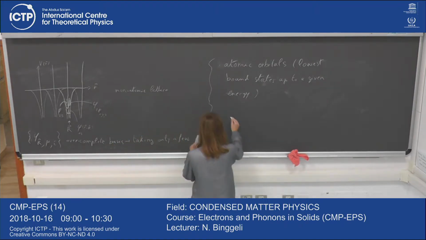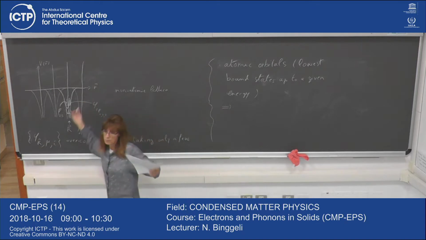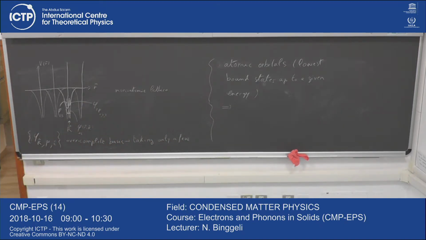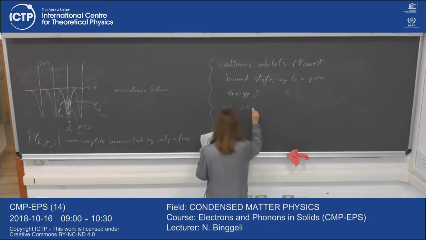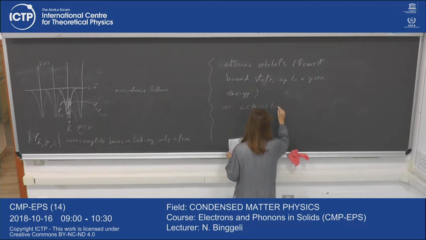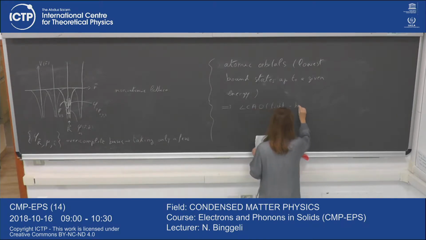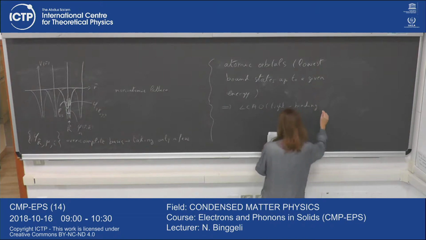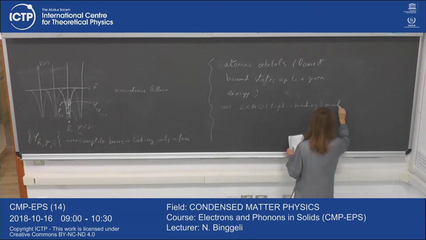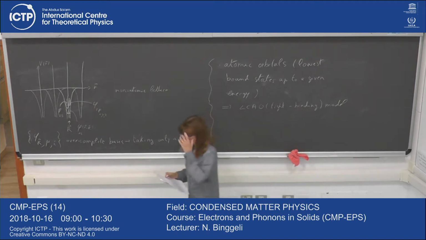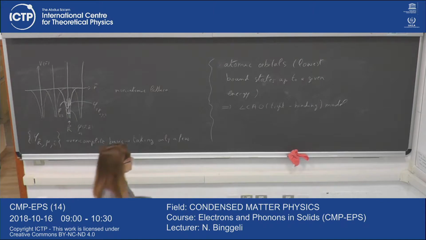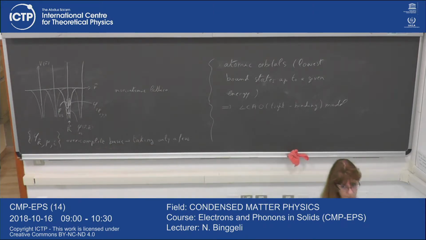So this is an approximation or a choice, and the consequence, since we limit the basis this way, is that the LCAO, or the tight binding method or model, will work in the case of states in the crystal that are tightly bound orbitals, so not too much modified by the presence of the other atoms.